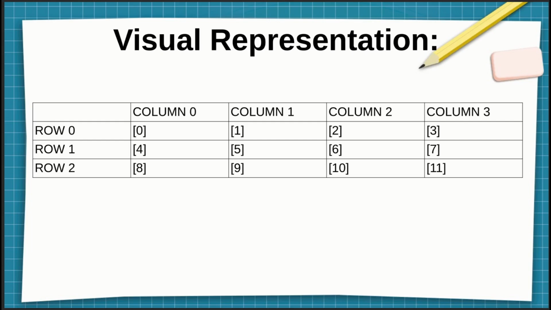This is exactly how a two-dimensional array would work. In our grid, the visual representation that we have here, we actually have a table. Just think of it like a table that has rows and columns.